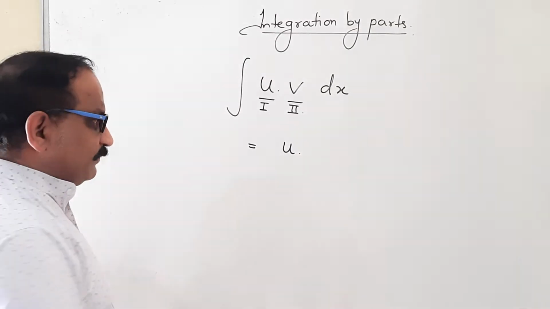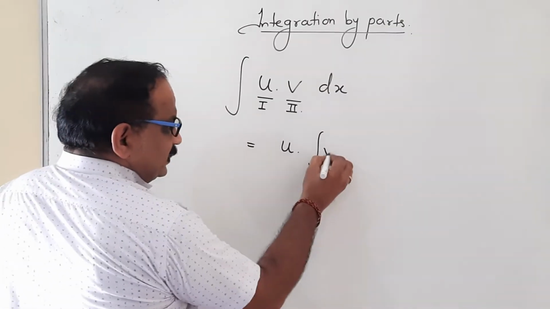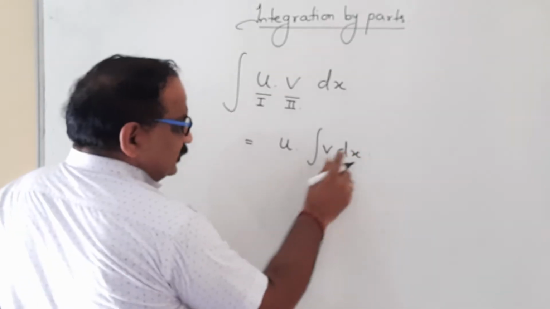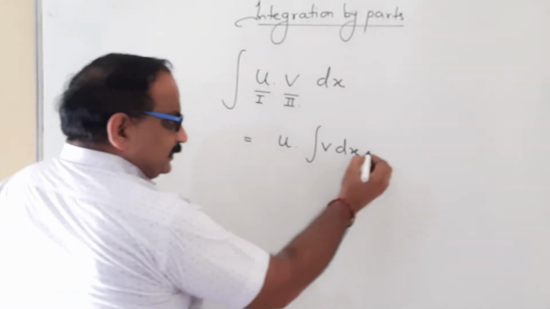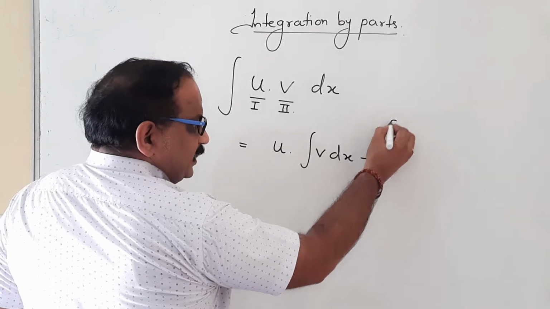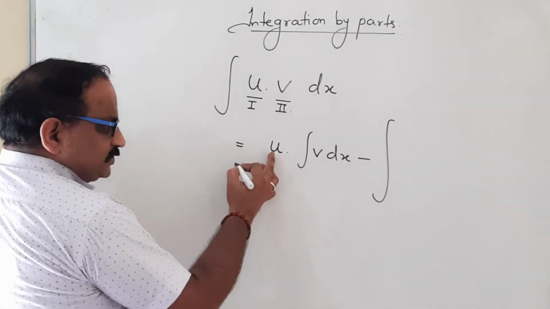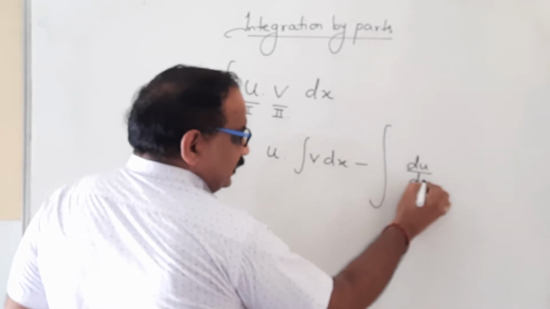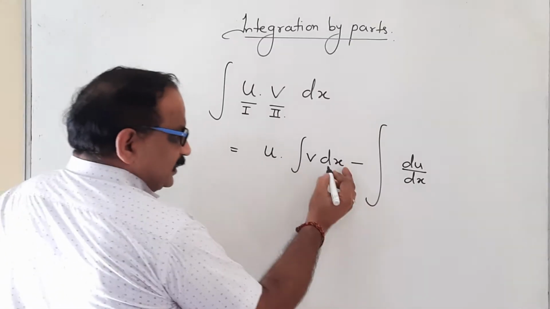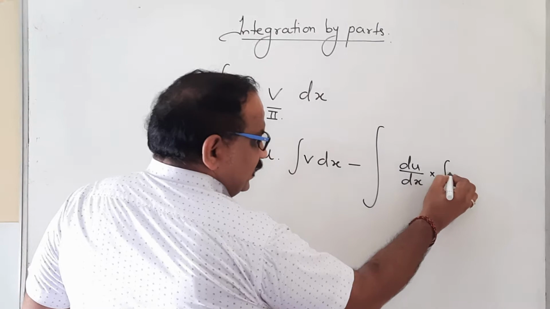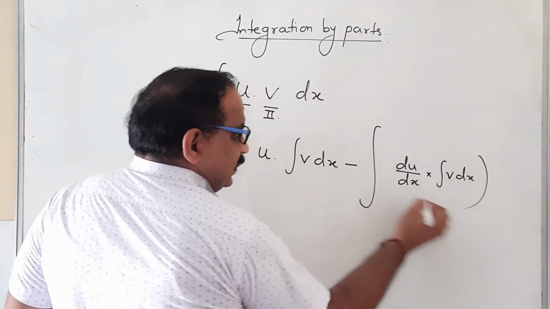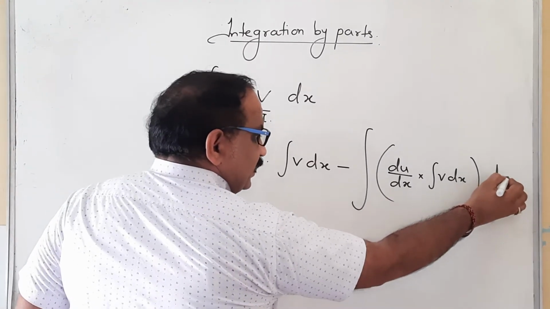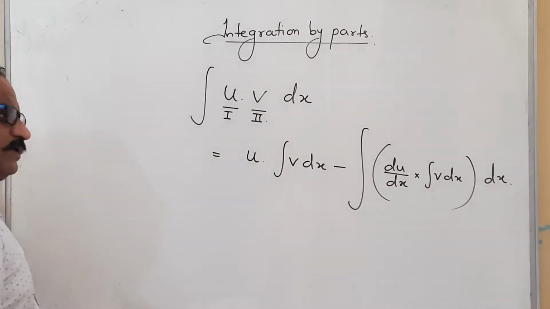Integrate the second function, that is v dx, and then put the minus sign, integration again, differentiate the first function, that is du by dx, integrate the second function, that is integration of v dx, and the whole integration again.